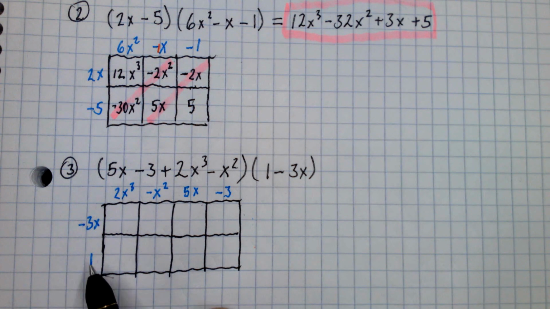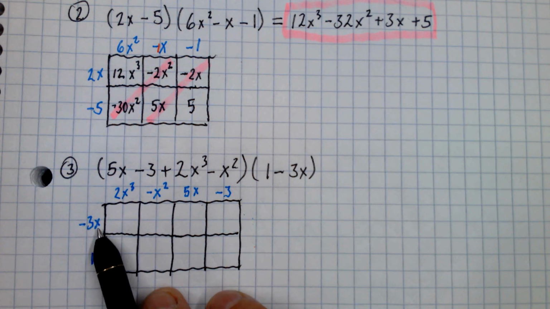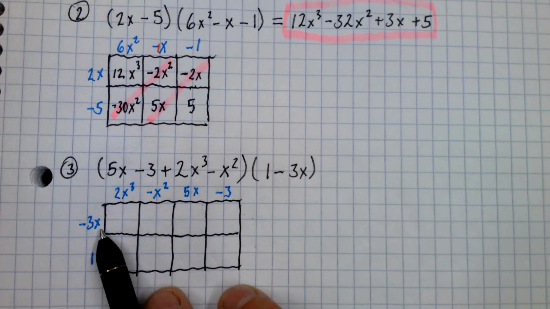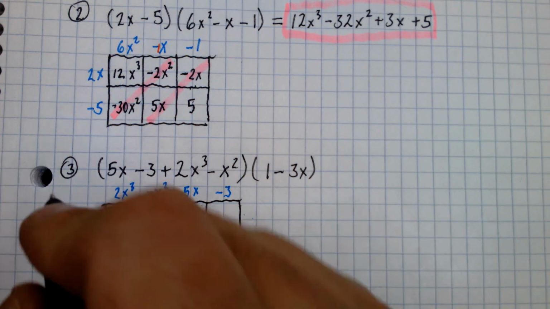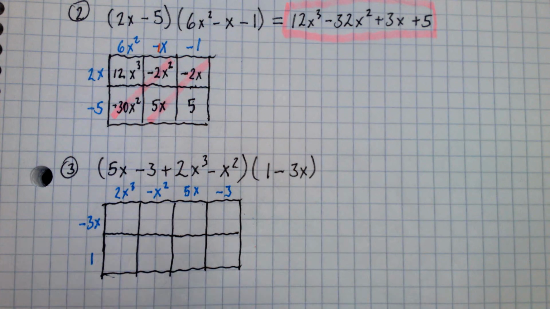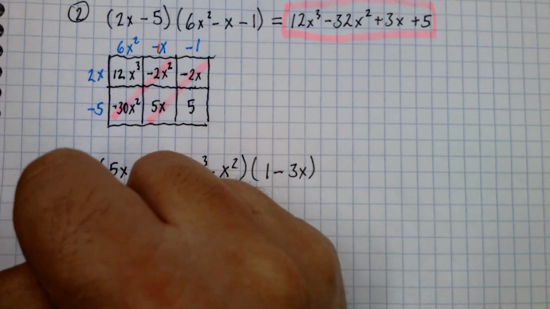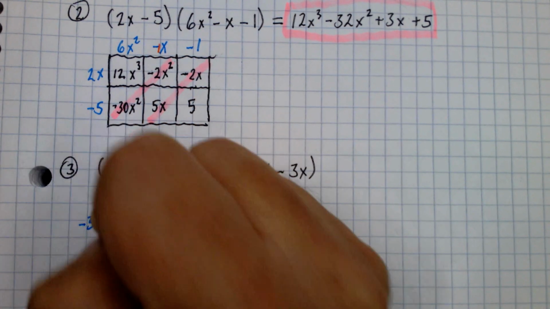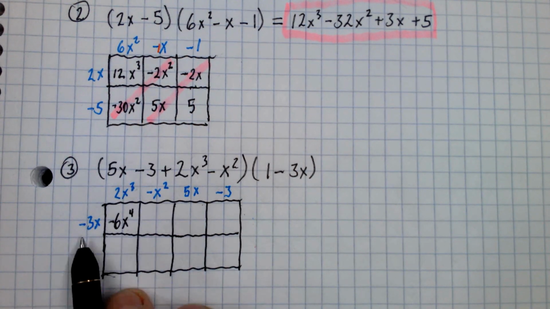All right, so let's multiply. We're going to multiply negative 3x with 2x cubed. What does that give us? Here, let's just do it, see if you got it right and I got it right. Negative 6x to the fourth. X times x cubed is x to the fourth.